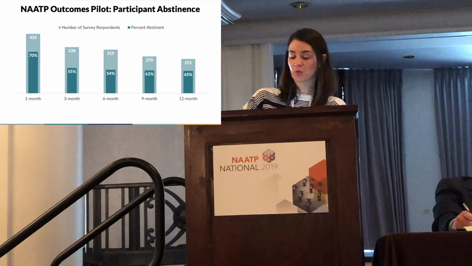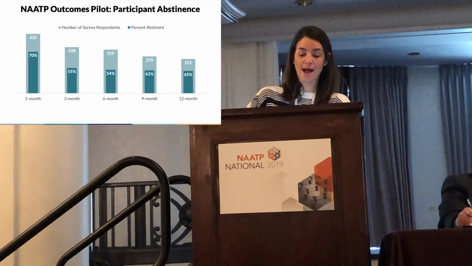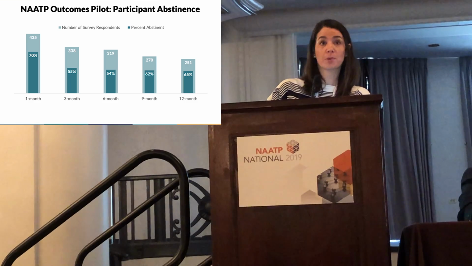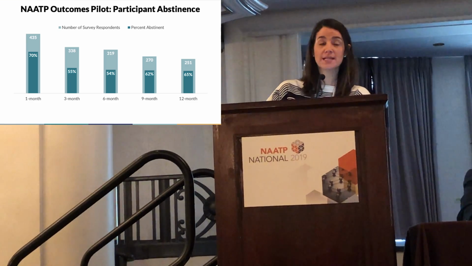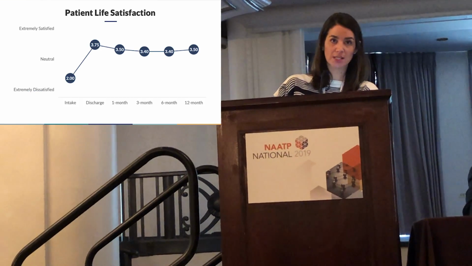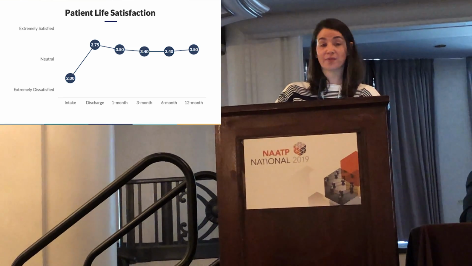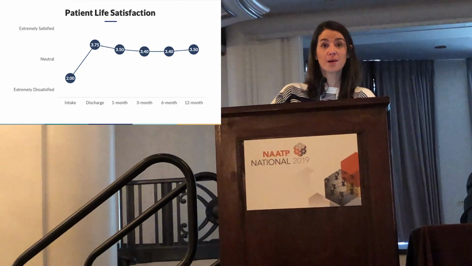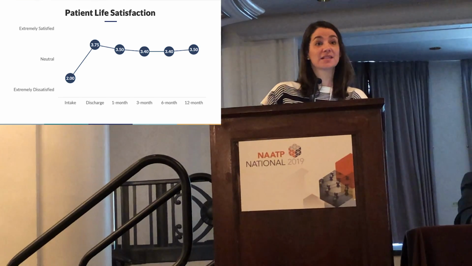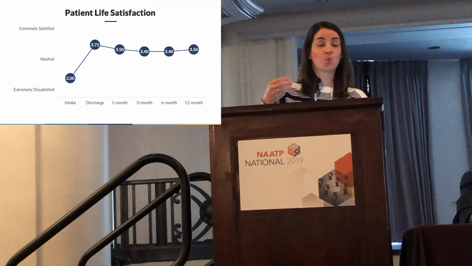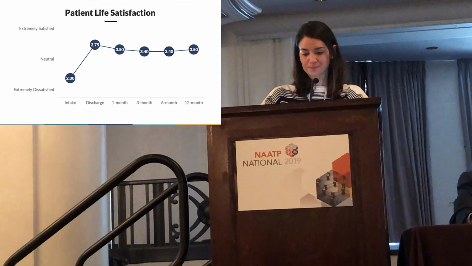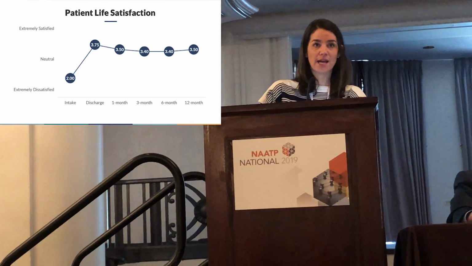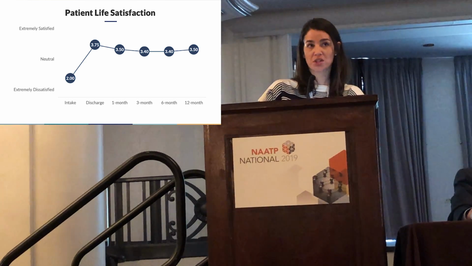There's more detail in the report, but the greatest predictor of abstinence at 12 months was participants' participation in support groups such as AA. I don't think that will come as a surprise in this room, but having the data to support that is really important.